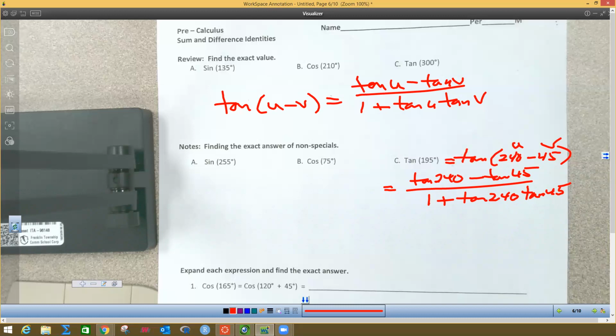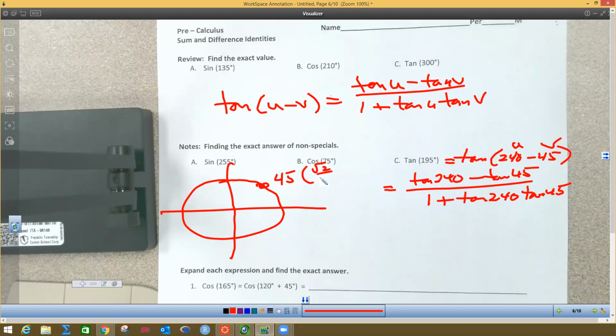Now on tangent ones, I'm going to come up here to 45 degrees, and I'm going to find the tangent of 45 first because it is really sweet. I hope you all know that tangent of an angle is the y value divided by the x value.